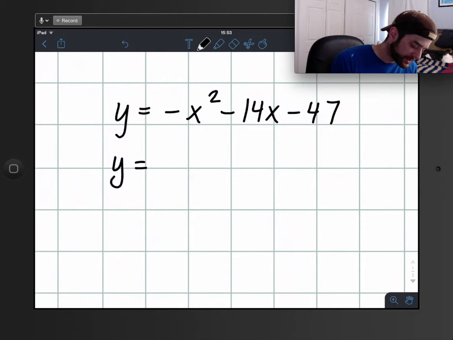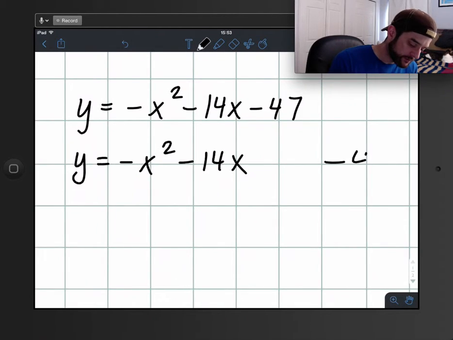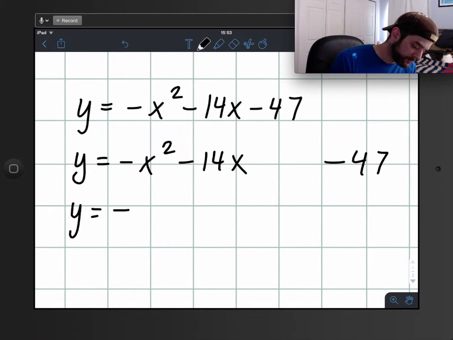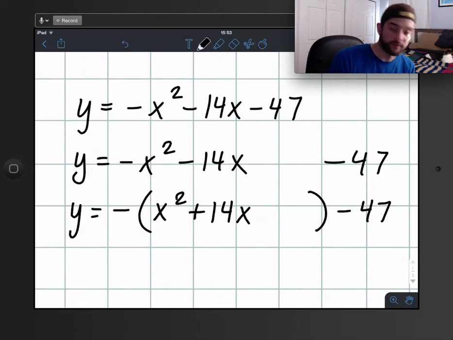So as before, I'm going to take negative x squared minus 14x and move over the negative 47. And from the first two terms, I'm going to factor out that leading coefficient of negative 1, and I get x squared plus 14x, minus 47. Again, the 47 stays negative.